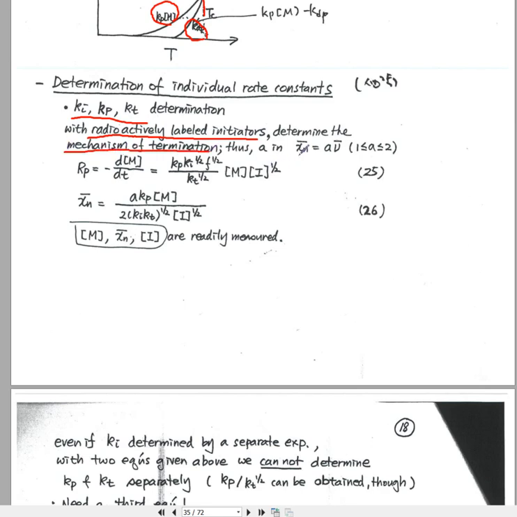So if you remember the relation between the average degree of polymerization and the kinetic chain length, they are basically proportional to each other, right? If it's combination only, this A value is 2, if it is disproportionation only, A is 1, right?